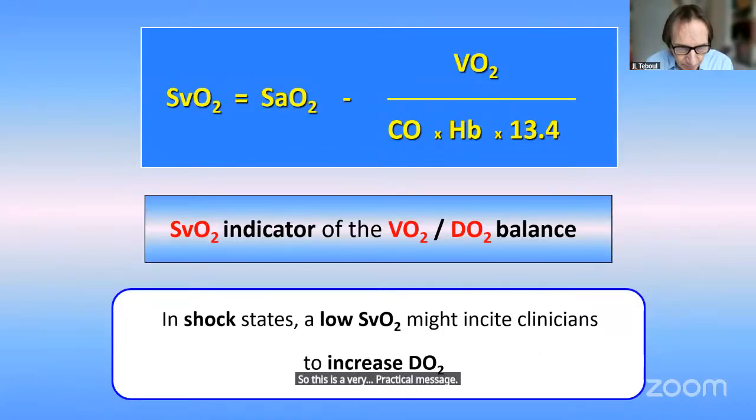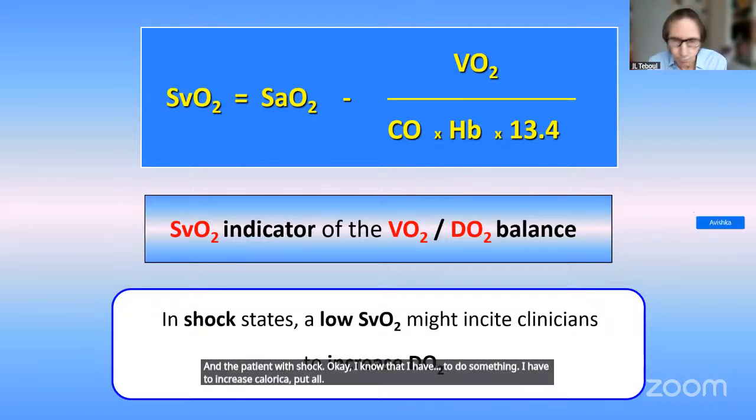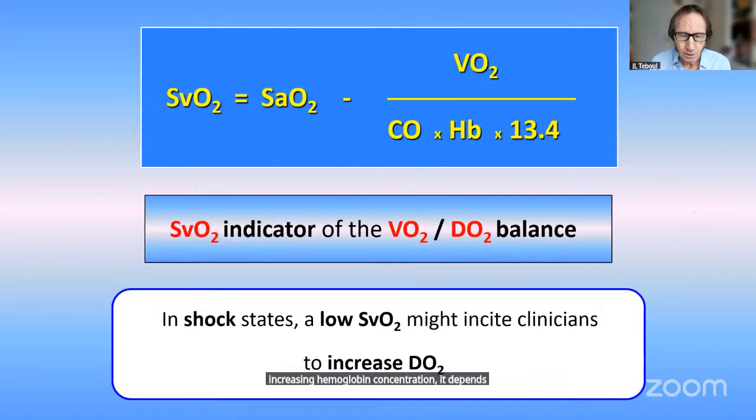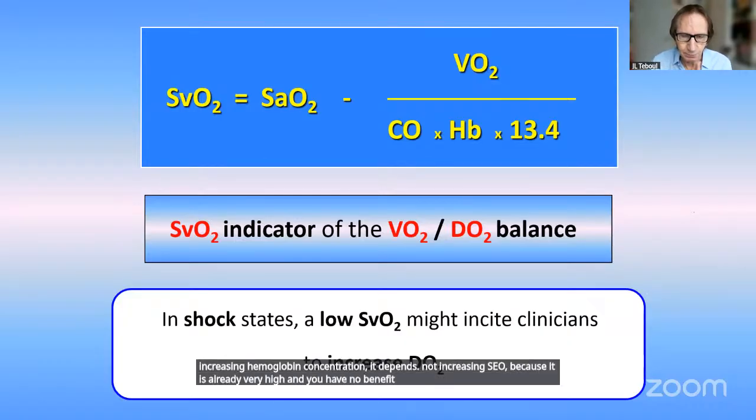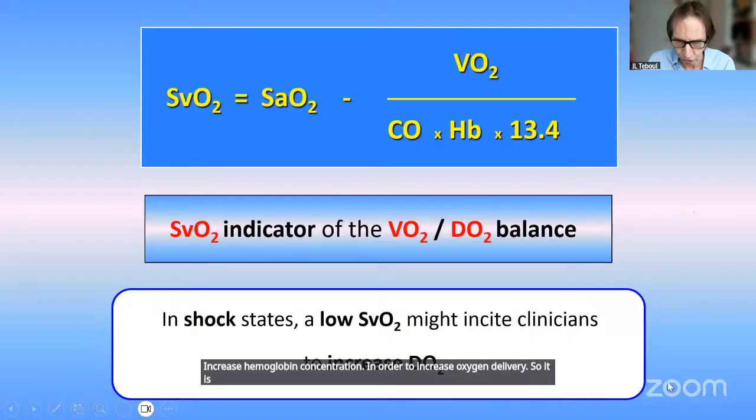If you have a low SVO2 and the patient is in shock, okay, I know that I have to do something. I have to increase cardiac output or increase hemoglobin concentration. It depends. Not increasing SaO2, because it is already very high and you have no benefit to increase SaO2, but you could either increase cardiac output or increase hemoglobin concentration in order to increase oxygen delivery. So it is a very useful information.